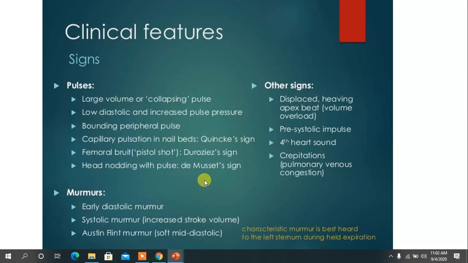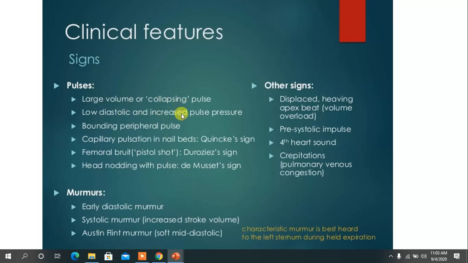So the pulse here will be a large volume collapsing pulse. That means first you feel that the pulse is large volume and suddenly it goes off, that means collapsing pulse. Because the blood comes in greater amount from the left ventricle, but due to the backflow of the blood from the aorta into the left ventricle, suddenly the pulse disappears, collapsing pulse.